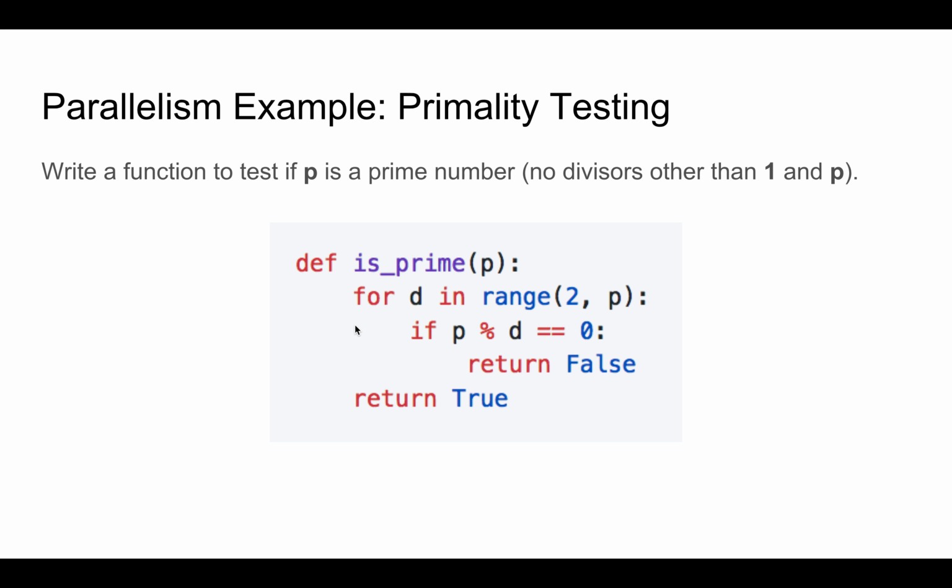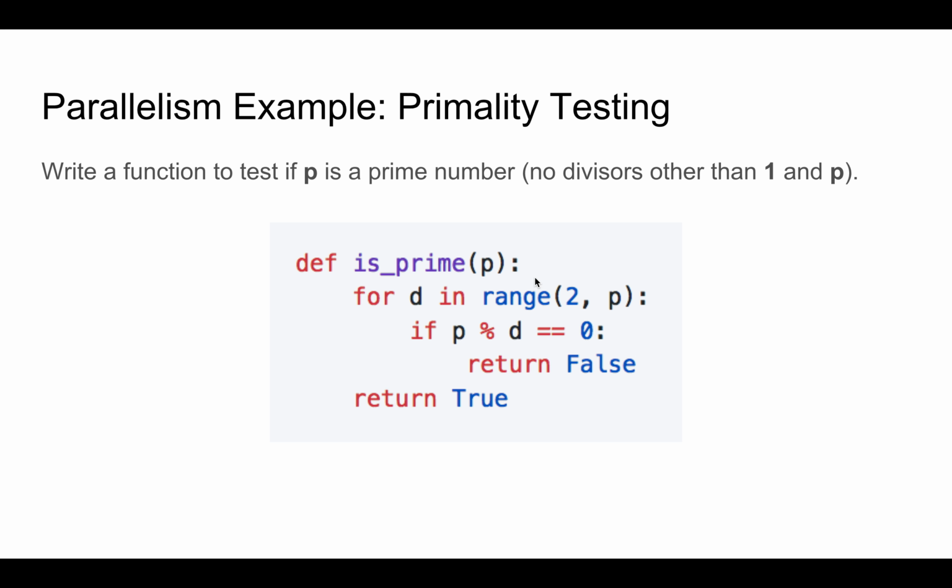If this equality does not hold for all of the divisors, then we return true because p is prime. And I guess you also have to check some special cases, like if p is equal to 1 or something like that, which I omitted.